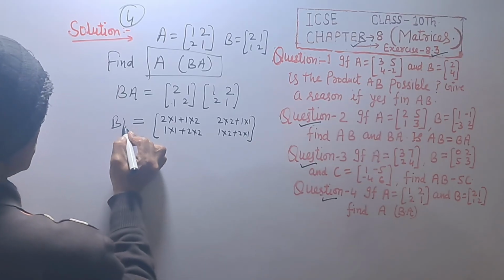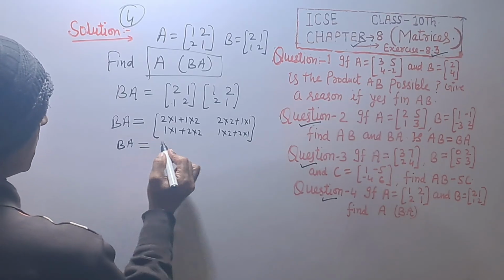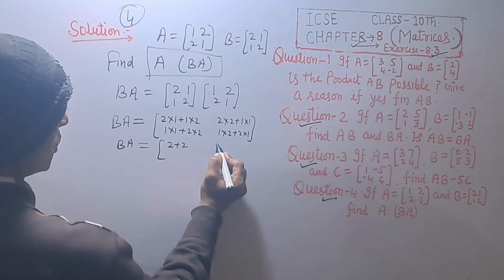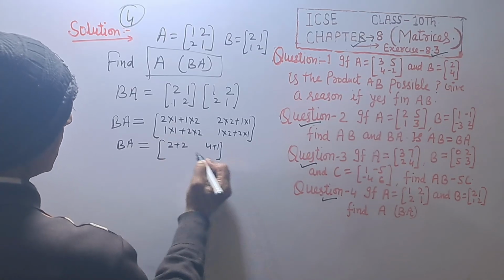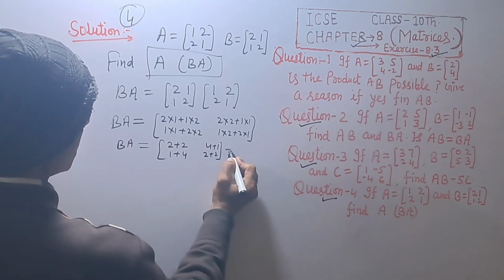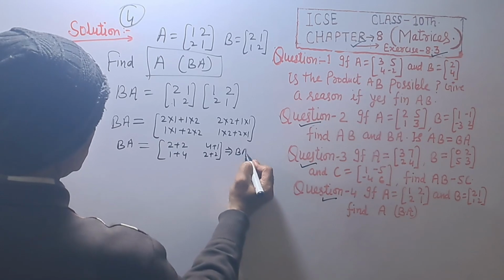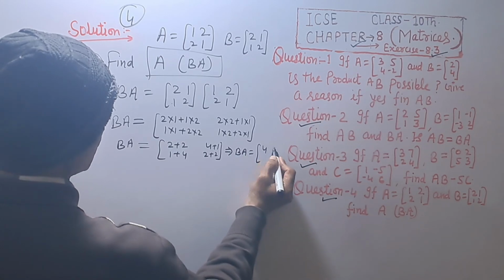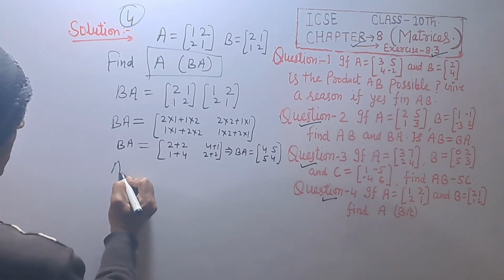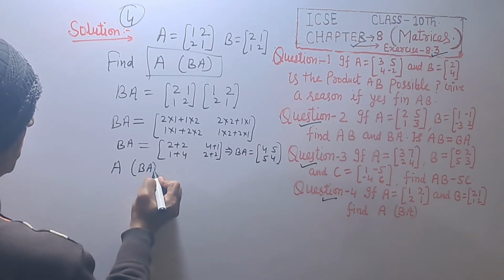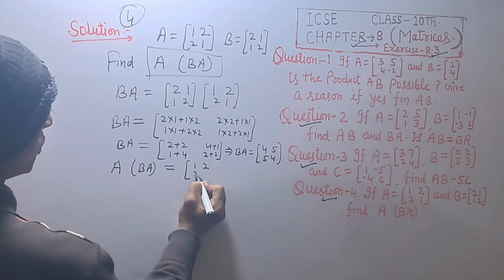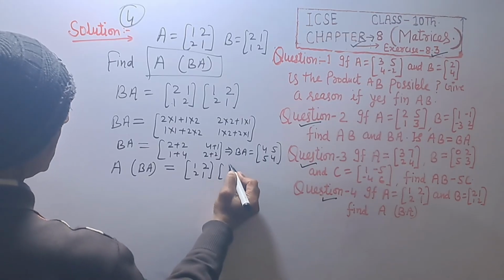That is equal to 2 plus 2, 4 plus 1, 1 plus 4, 2 plus 2, which implies BA equal to 4 5 5 4.